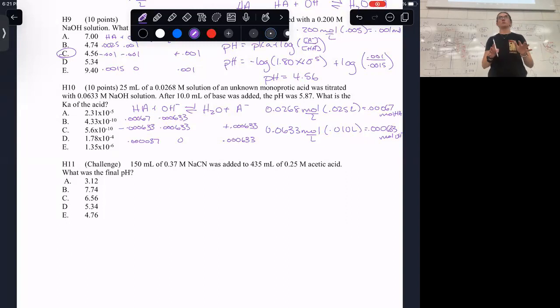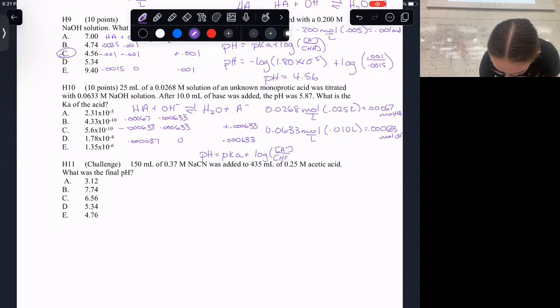Questions so far? Okay, we can then use this to plug into our Henderson-Hasselbalch equation. Again, we do not need to convert this to concentration. We can just keep it as moles. So pH will be pKa plus the log of base over acid.